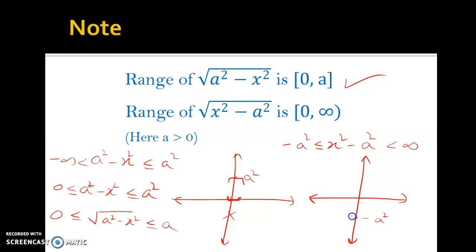Now we discard all the negative numbers to take the square root. Start over from 0. 0 is less than or equal to x square minus a square, less than infinity. Taking the square root, we get the range of square root of x square minus a square as 0 to infinity.